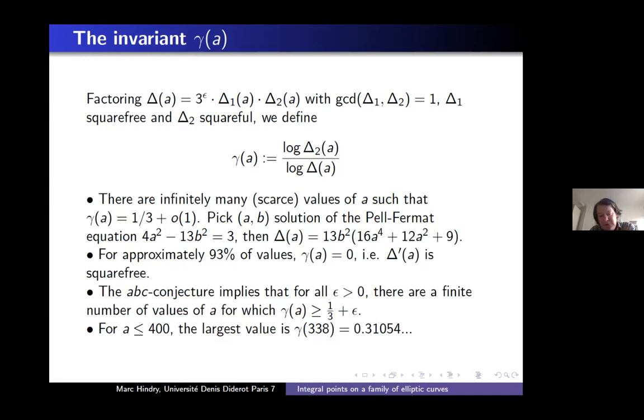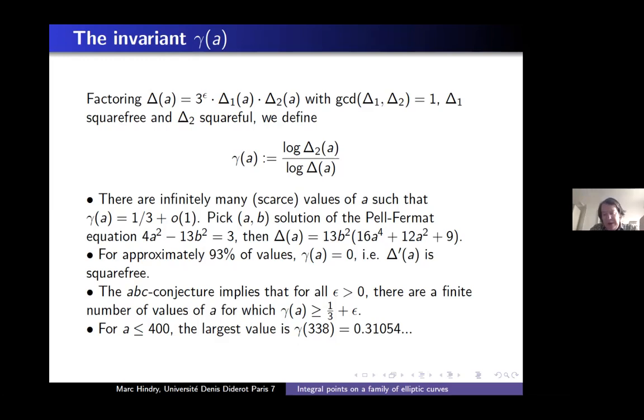So I have chosen 13, of course, so that there are solutions. So if there are solutions, there's infinitely many. And then there's a big square in the discriminant. And if you work this out, you will see that the gamma A is at least 1/3 essentially.